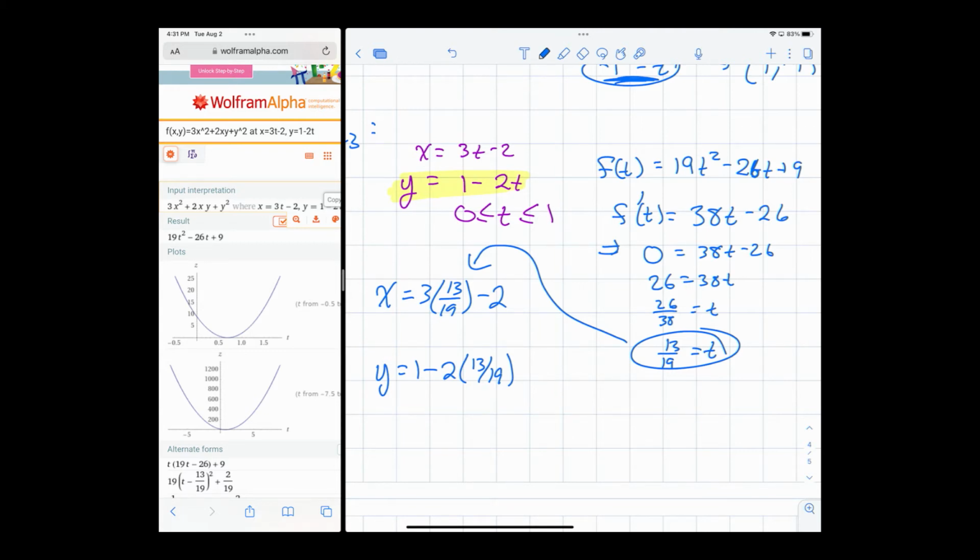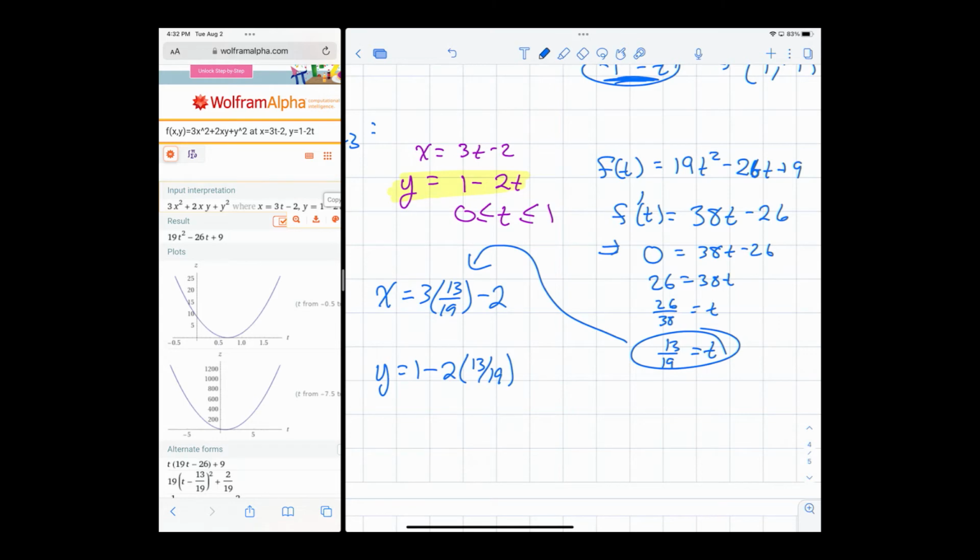Come on, give me as a fraction. I want it as a fraction.